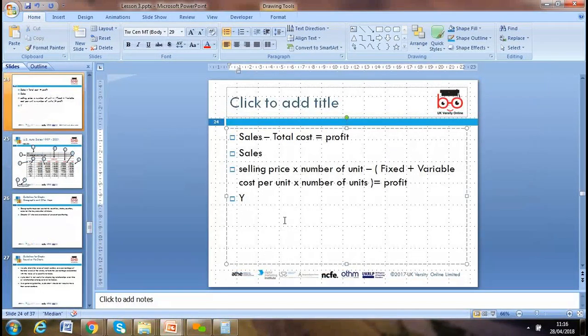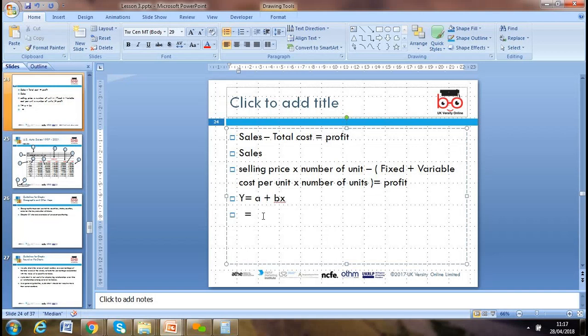Y equals A plus BX. That's the formula we normally use. Y is normally the fixed thing we are going to calculate, the income or profit.